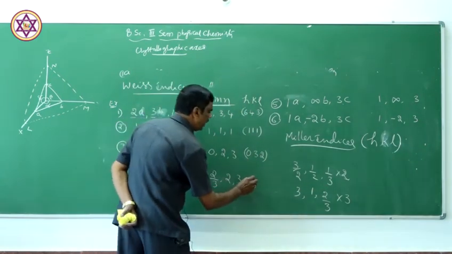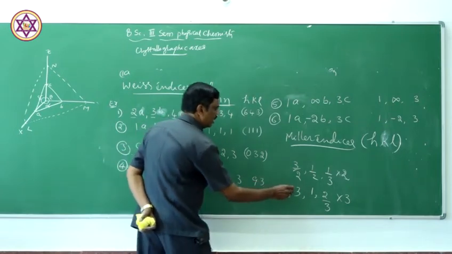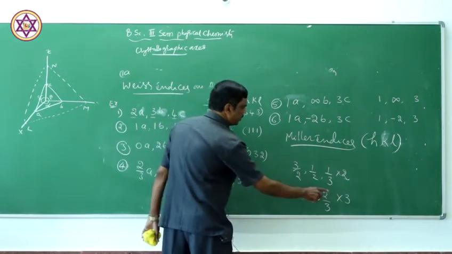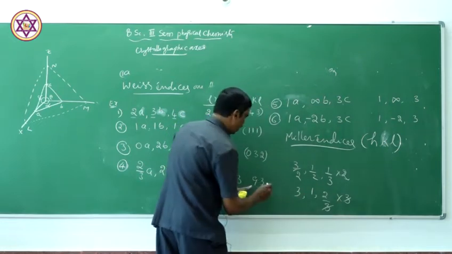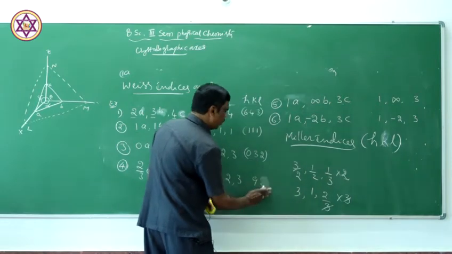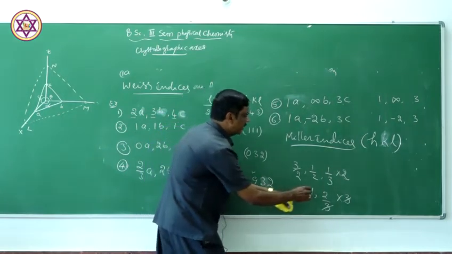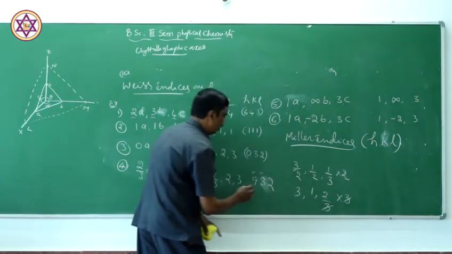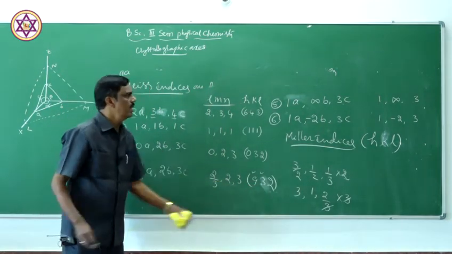Therefore, the Miller indices is 9, 3, 2.